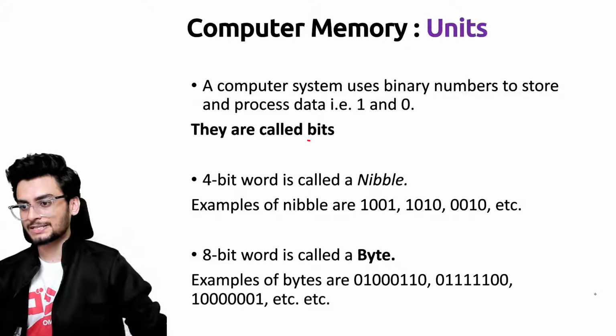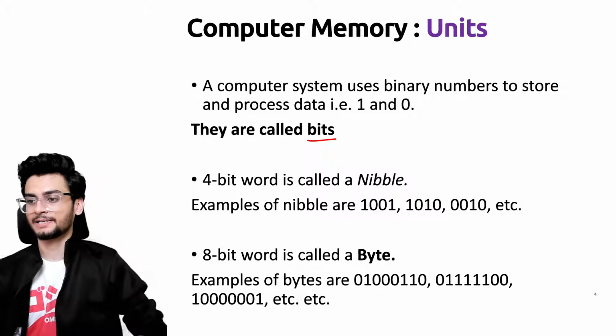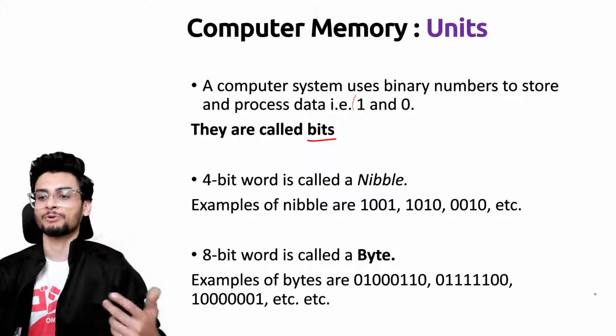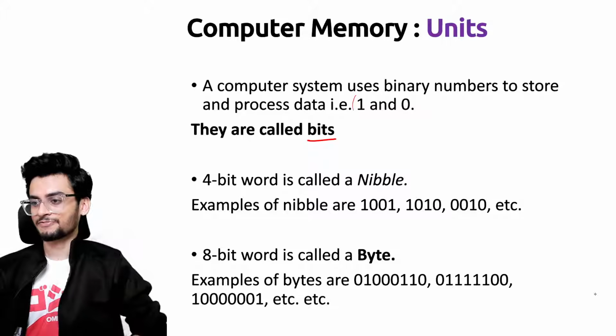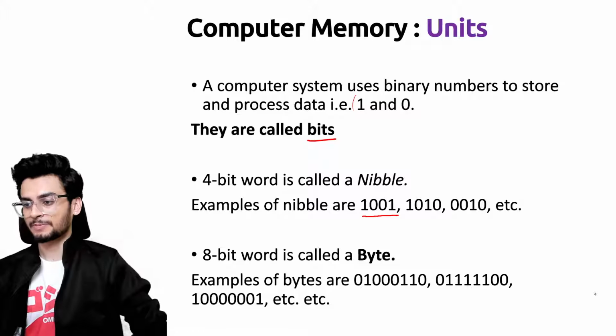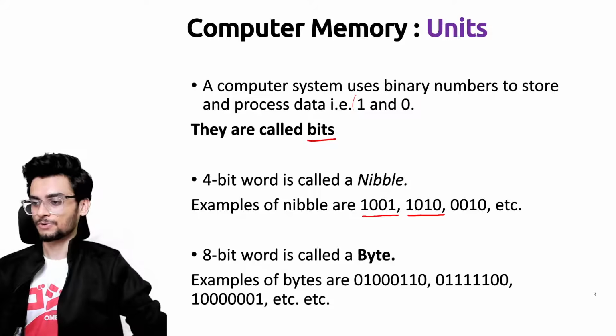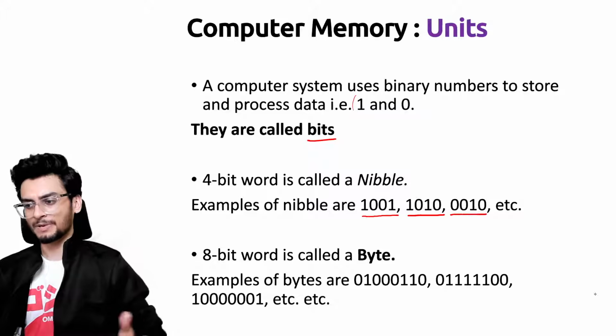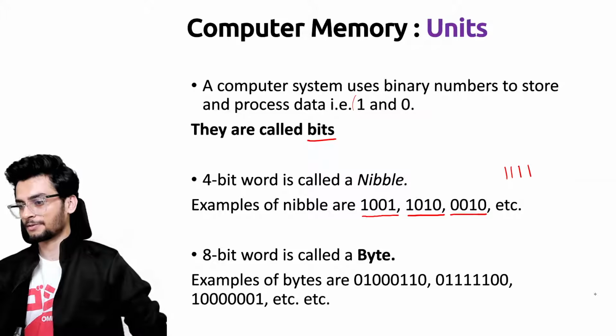So these ones and zeros are called bits. ठीक है, ये दोनों मिला के हम लोग इनको bits बोलते हैं. So let's say if I am writing a word like this, अगर मैंने लिखा है 1001 या फिर मैंने लिखा है 1010 और probably 0010 और maybe something else like 1111 या फिर 0000.